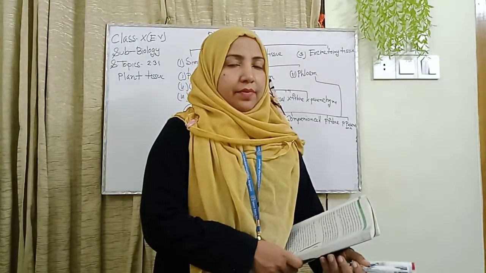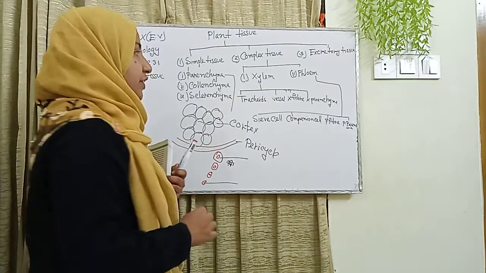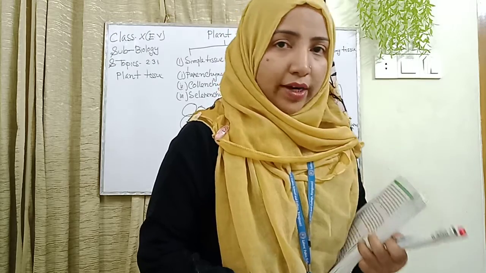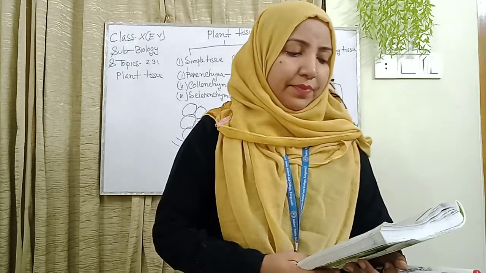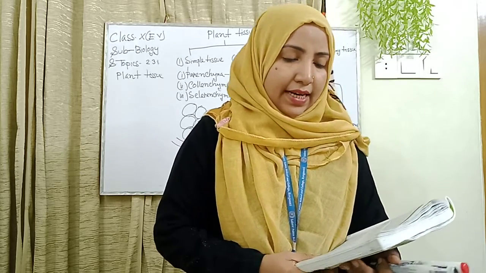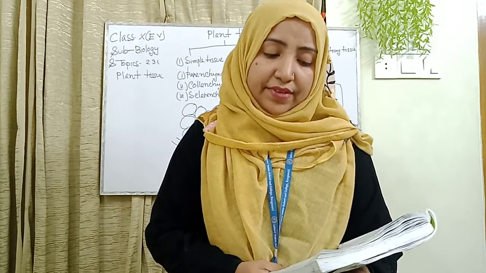Here the xylem. Our first topic in complex tissue is xylem. What is the xylem and what does it do? There are two types of xylem, primary and secondary. Xylem developed during primary growth from the procambium is called primary xylem.